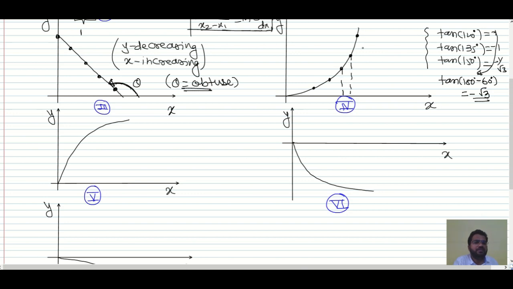So y is also increasing, x is also increasing, but the rate of increase of y is greater than the rate of increase of x. So that is what you have to understand.